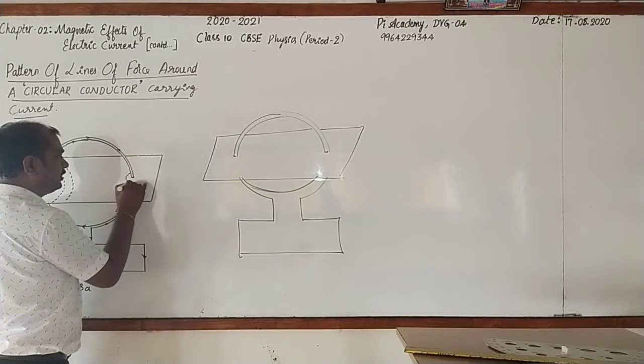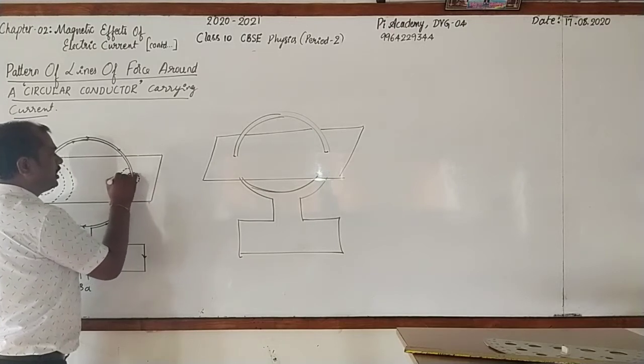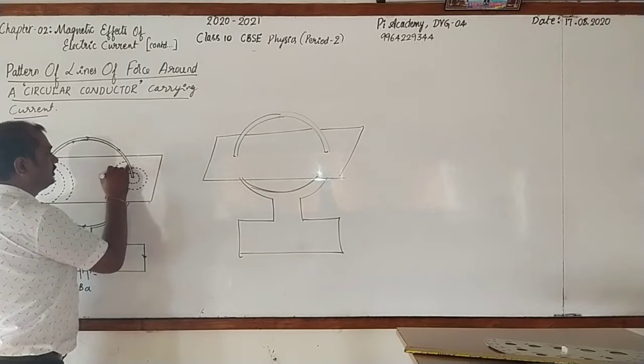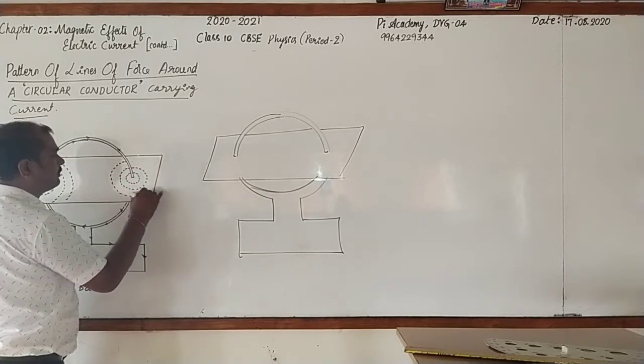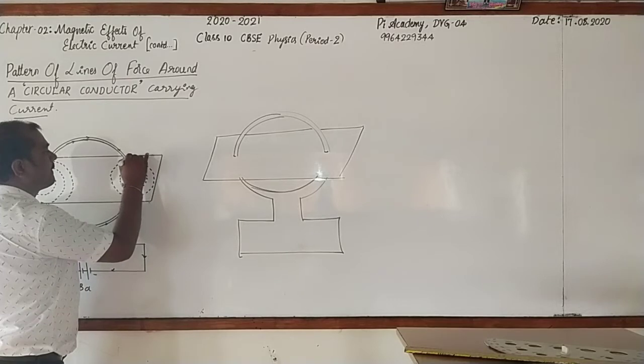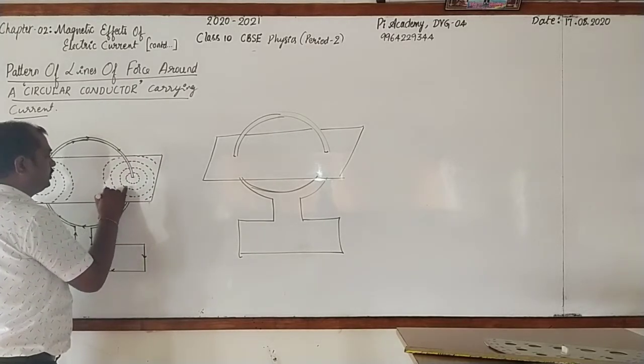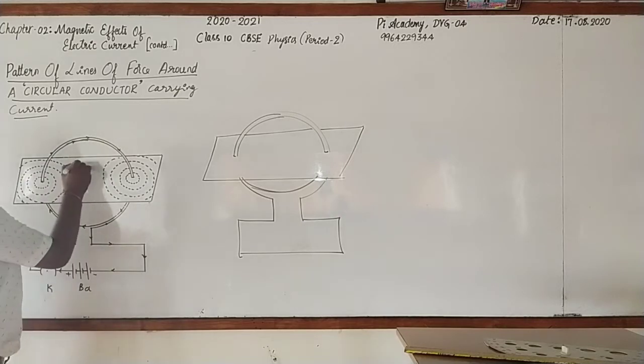In the same way, here the iron filings will arrange themselves in a concentric circular pattern. Yes. And you can also notice at the middle how the lines are arranged. Just keep observing.